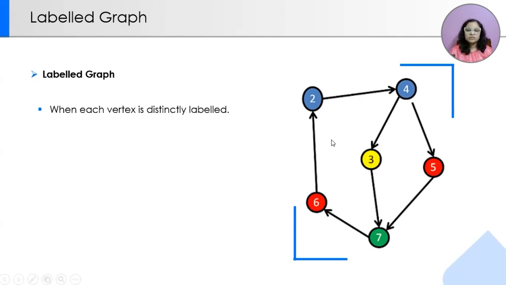So when you label a vertex clearly, it says in the definition that when each vertex is distinctly labeled, that is, you're not supposed to repeat the names. If there is a vertex number 2, then no other vertex can be labeled as 2. And if there's a vertex number 3, then no other vertex can be labeled as 3, and so on. So when each vertex is distinctly labeled, it is known as labeled graph.